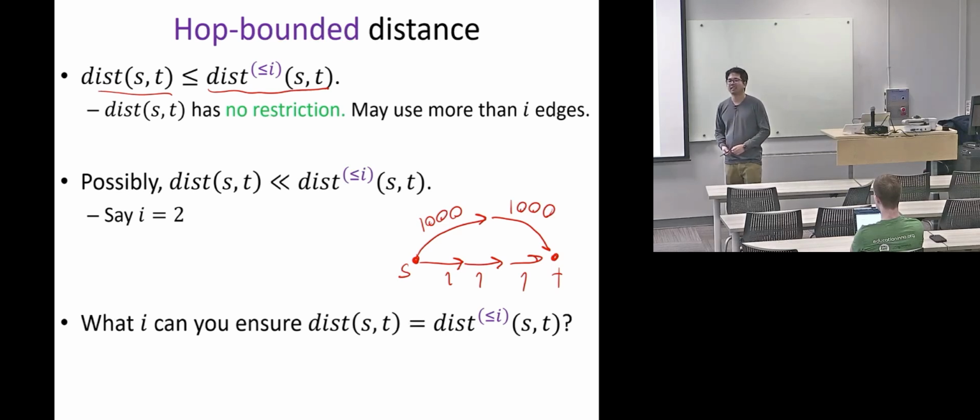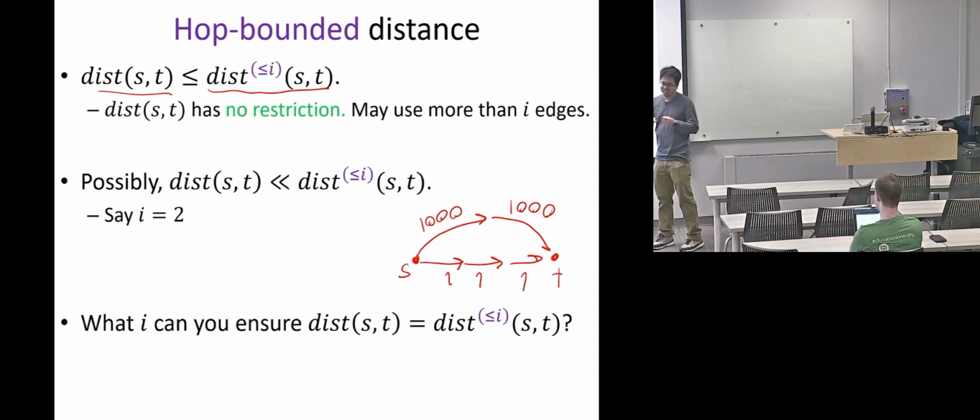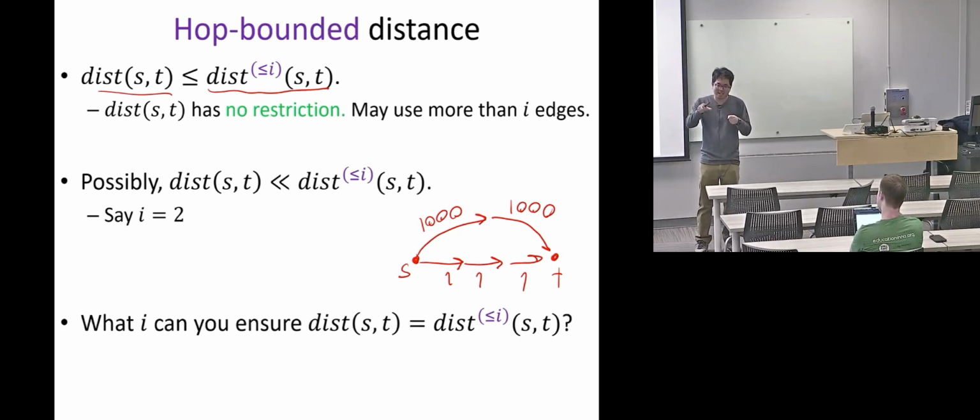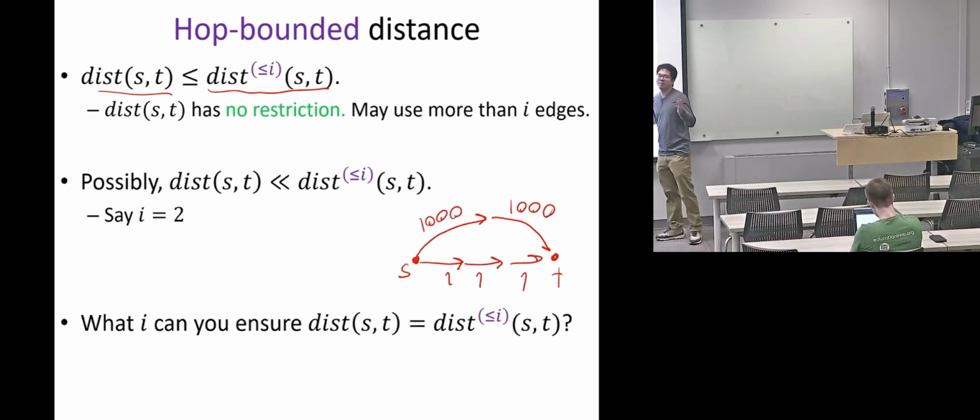Right. If there is no negative weight cycle, then each path uses each edge at most once, so a path will use at most m edges. That's true. Can you get an even better bound? The number of vertices minus 1, because assuming there are no negative cycles, you would never visit any vertex more than once.